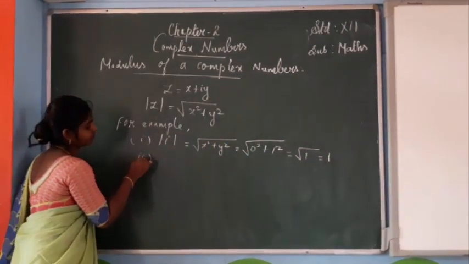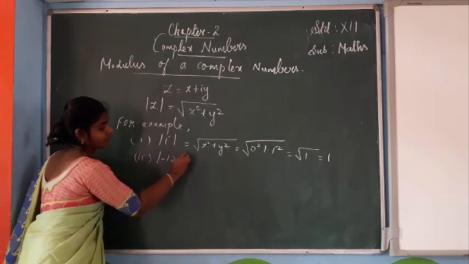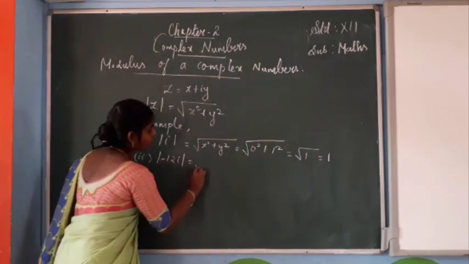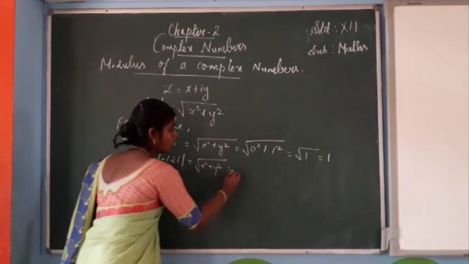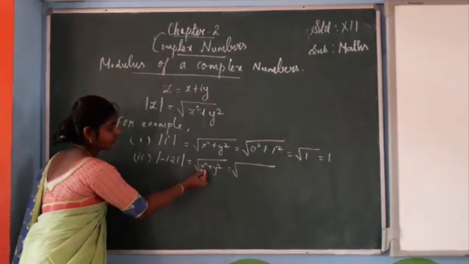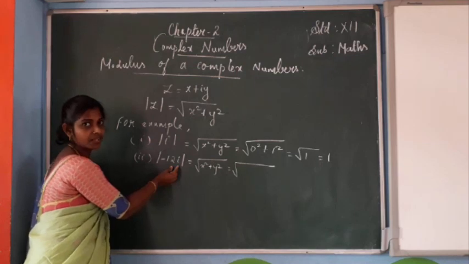Second example, modulus of minus 12i is equal to root of x square plus y square, equal to root of, x value is 0. Here we only have the imaginary value.